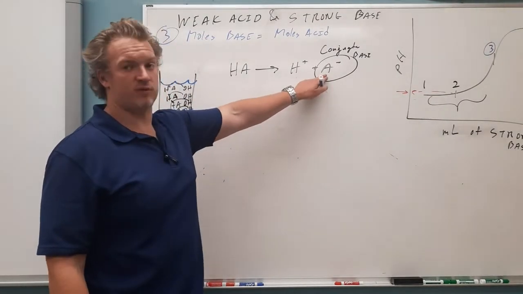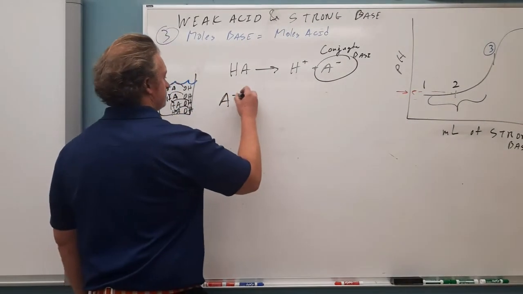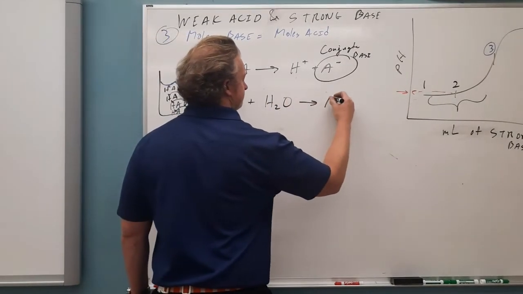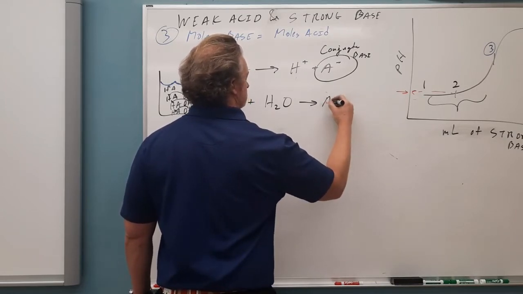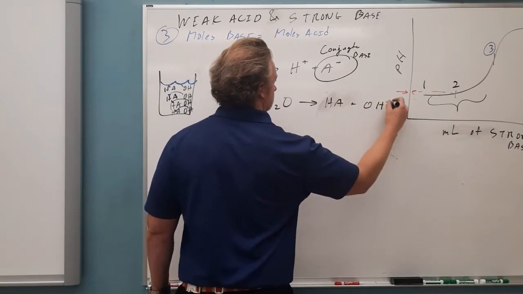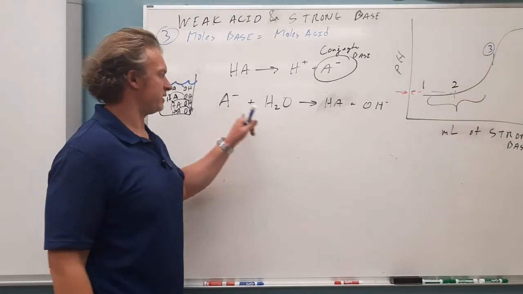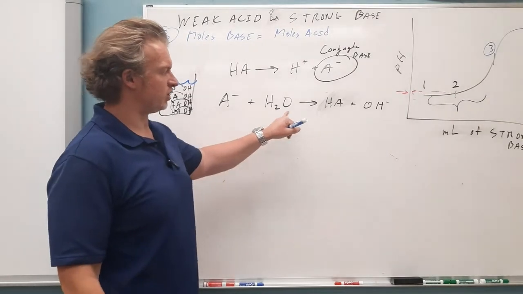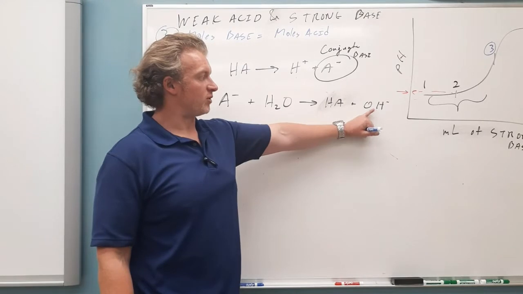We need to look at this equation, what this molecule is doing. This formula here is meant to represent the conjugate base taking available water molecule protons to form the acid and to form this base right here.